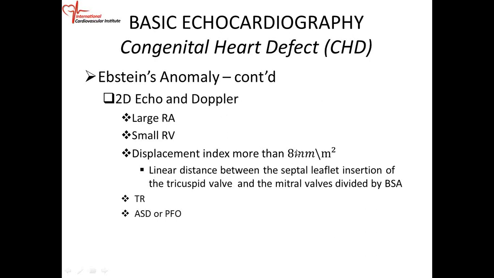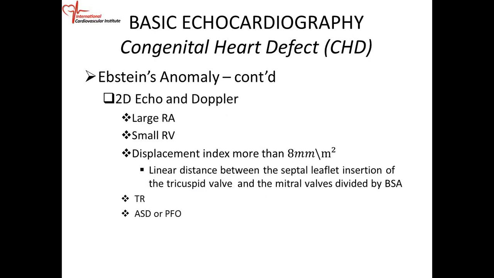Basically, for this displacement index, you just measure the linear distance between the septal leaflet insertion of the tricuspid valve and the mitral valve, and divide by the body surface area.